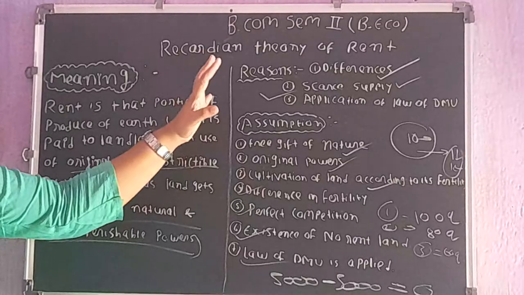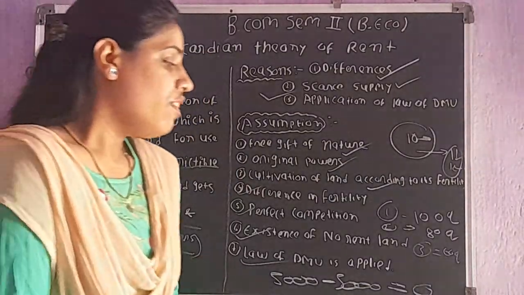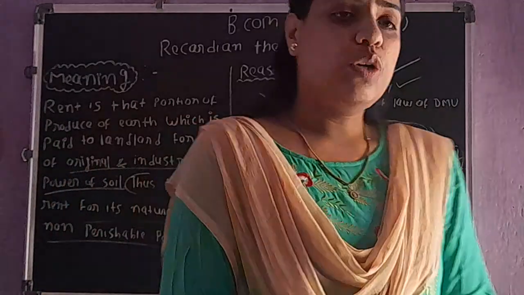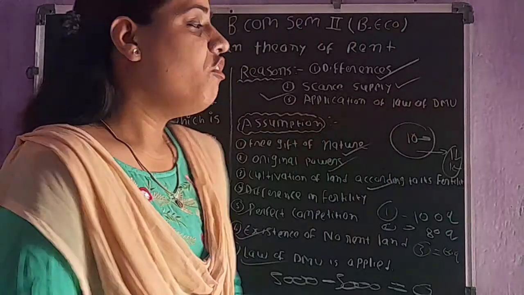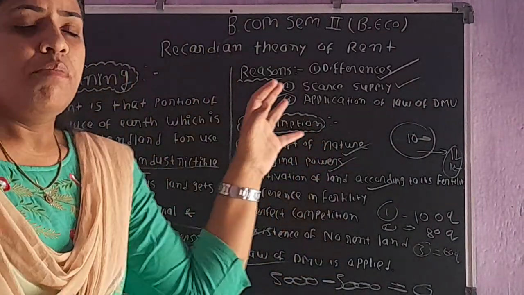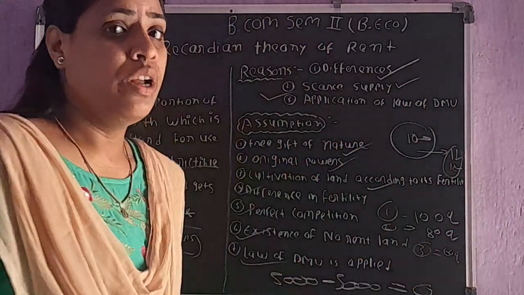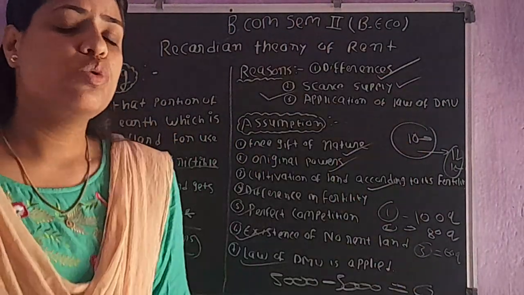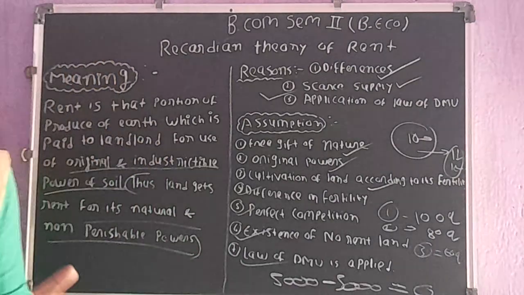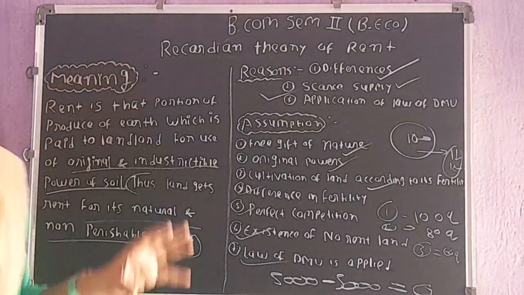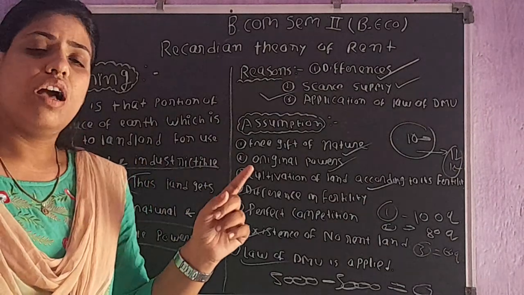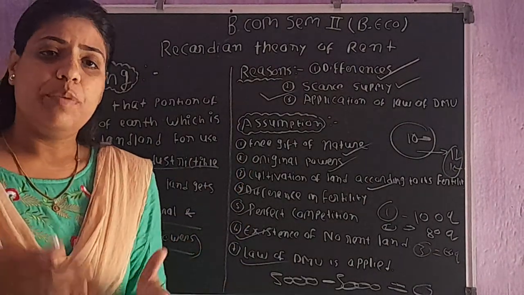While explaining the reasons for the emergence of land rent, I told you there is the application of the law of diminishing marginal utility. It means when the land is used for the first time, it will give you more output. When the same piece of land is used for the second time, the output will reduce. Okay, if the optimum number of workers are working on the land, it will produce good output.